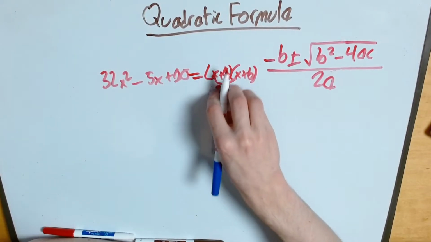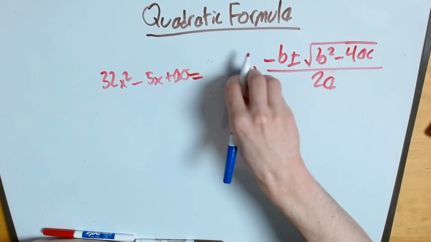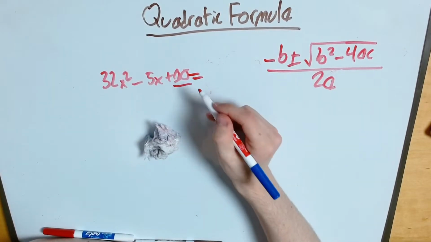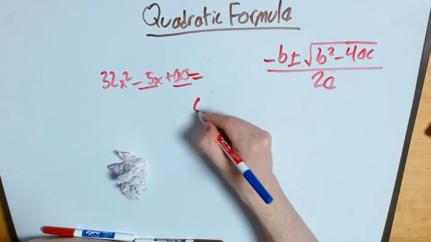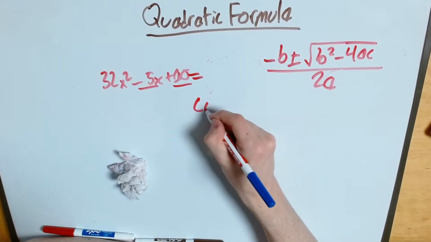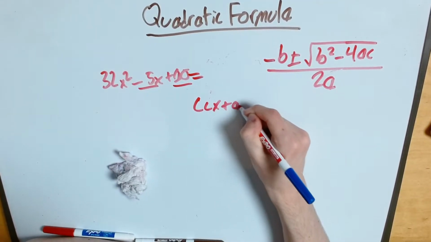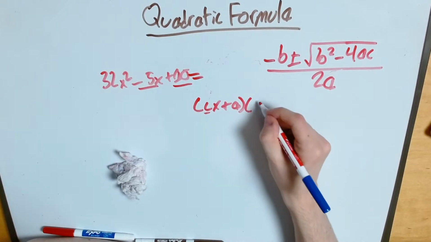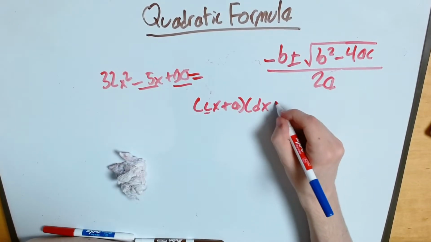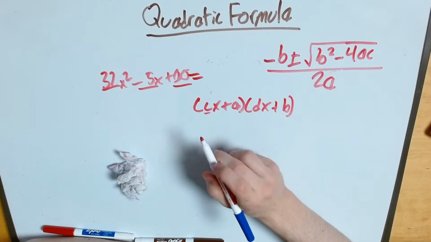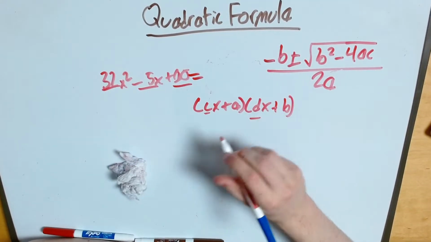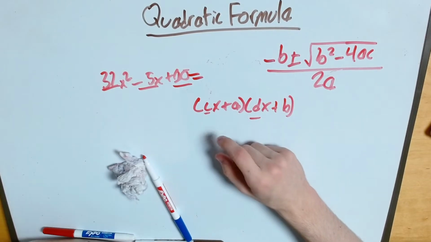So not only do we have to worry about what we multiply together to get, say, 10, or what we add together to get, say, negative 5, we have to worry about two additional terms that we have to multiply together to get 32 in this case. That's two additional terms. That's so much work.